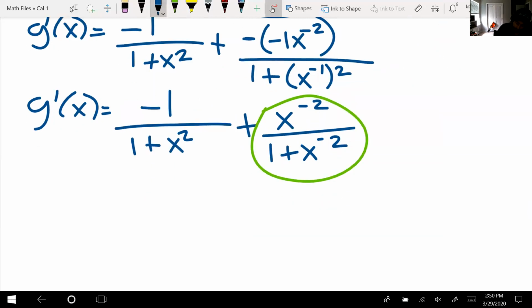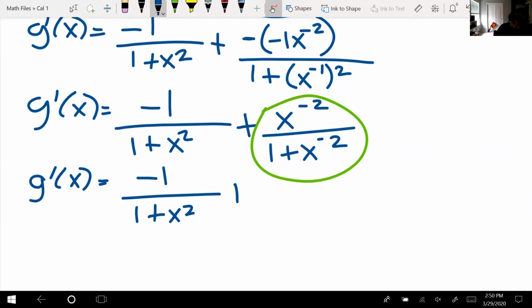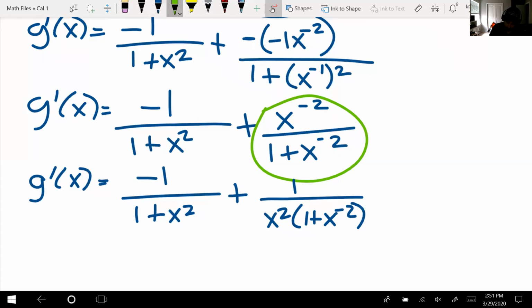So this means g prime of x equals negative 1 over 1 plus x squared plus 1 over x squared times 1 plus x to the negative 2. Now, distribute this x squared there and there.